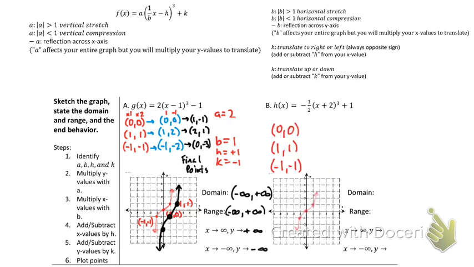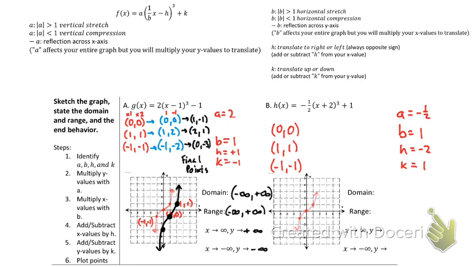All right, let's do this a little faster. So my A value is -1/2. My B value is 1. My H value is -2. My K value is +1.